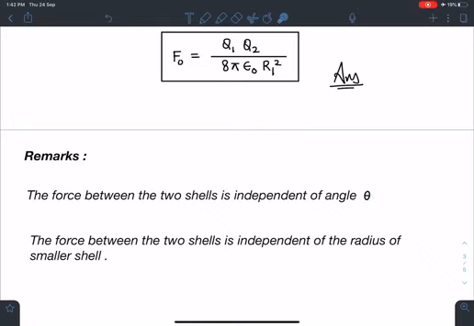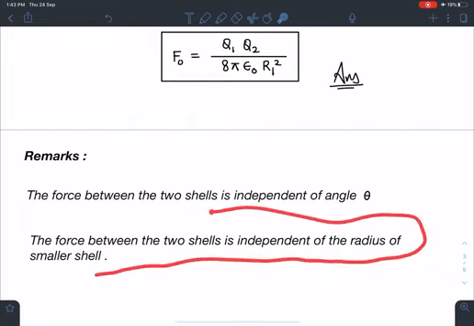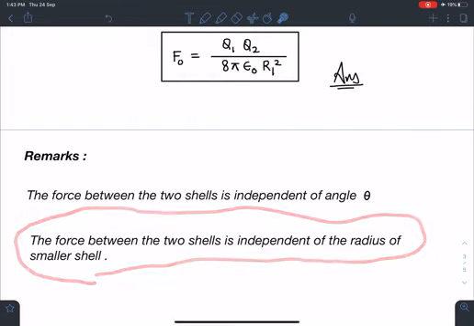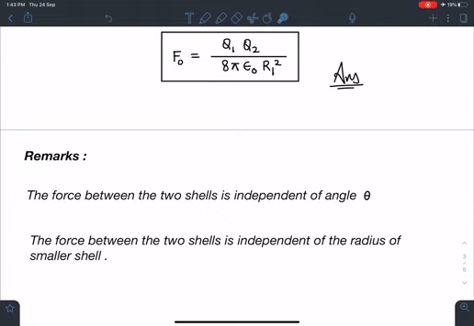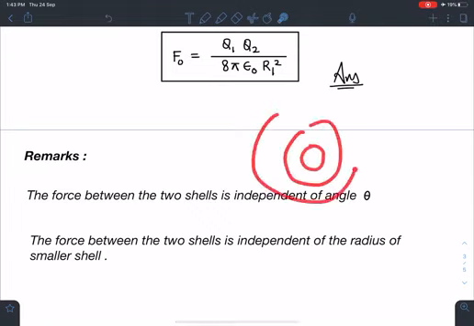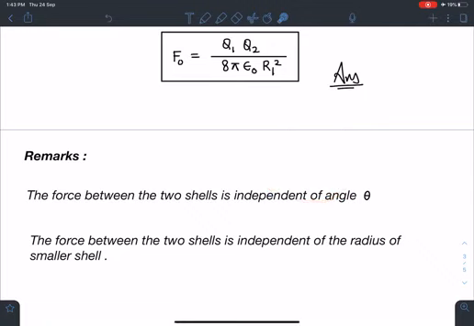And also another very nice observation about this problem is the force between the two shells is independent of the radius of the smaller shell. So whether you take R1 radius, R2 radius, R3 radius, the result is practically independent of that. Whatever radius you take for the smaller one, it doesn't matter as long as it is smaller compared to the bigger one.